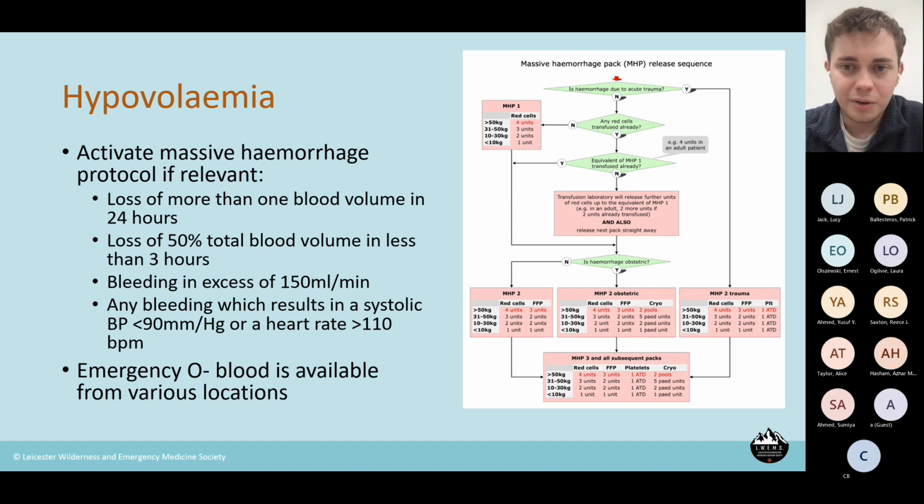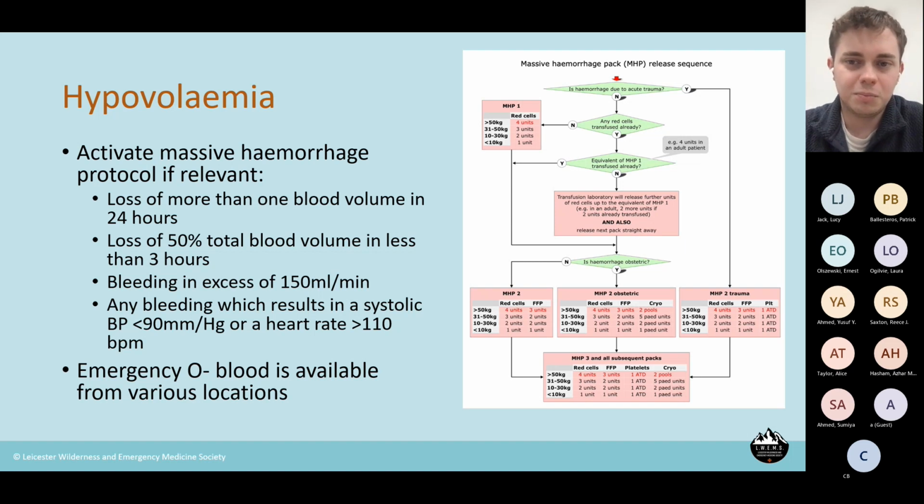And with hypovolemia, you may already know about this. You have the massive hemorrhage protocol in hospitals. The definition of what constitutes massive hemorrhage is a bit vague. There's various different definitions which I put on here as bullet points.